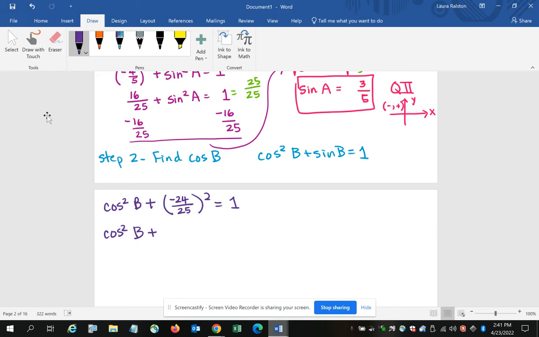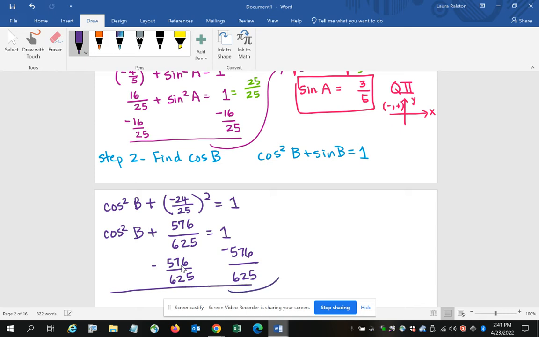So I have cosine squared B plus, and I'm going to use my calculator, negative 24 times negative 24 is 576. 25 times 25 is 625, and that equals 1. I'm going to subtract the 576 over 625 from either side. Again, trying to isolate, in this case, cosine squared.